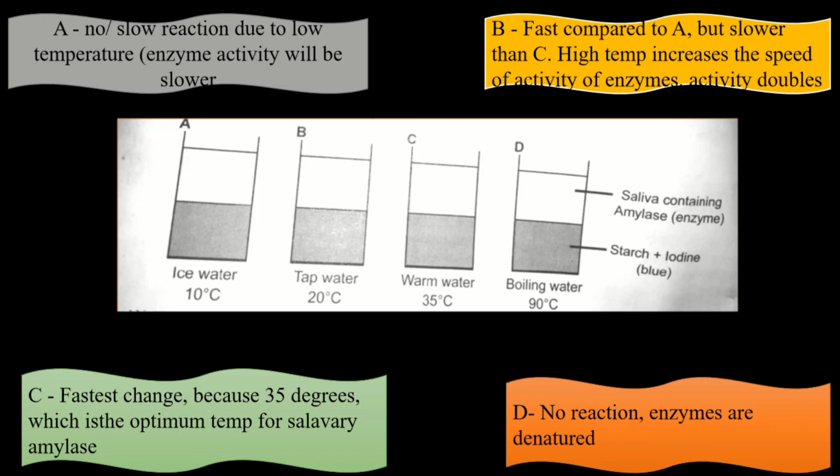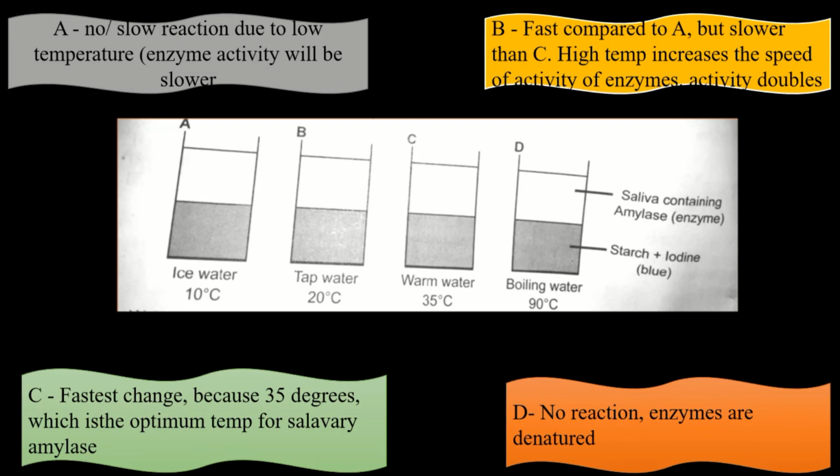And then as we kept on increasing the temperature, we saw that in test tube C these enzymes started working best, and it completely changed from blue to yellow. And then in D, we see that if the temperature is way too high, these enzymes will be denatured.